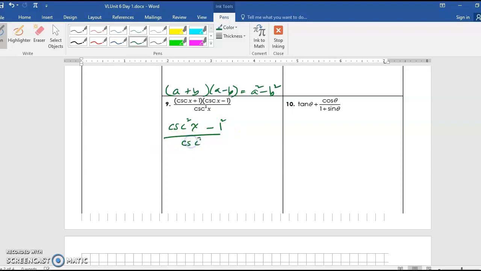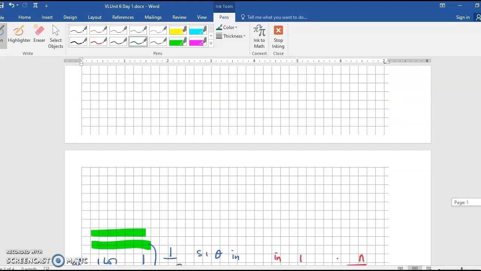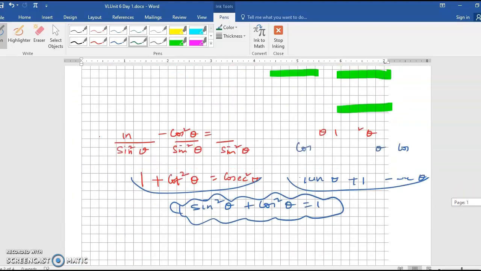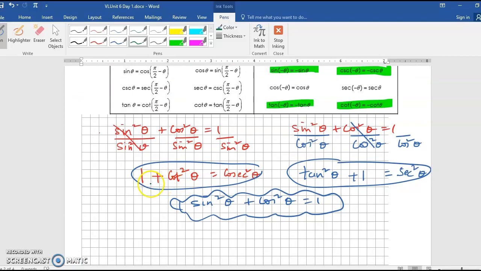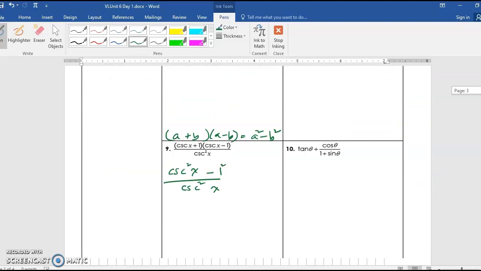Divided by cosecant squared x. But what is cosecant squared x minus 1? So now you have to go to the formula in the beginning that we saw, right? 1 plus cot squared theta is cosecant squared theta. So remember that.